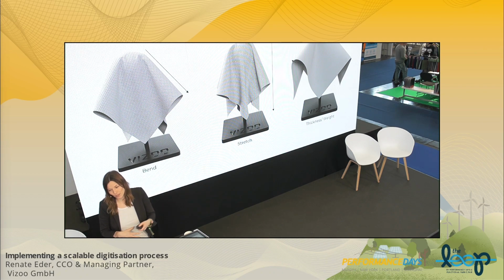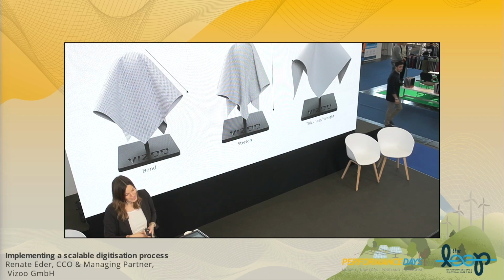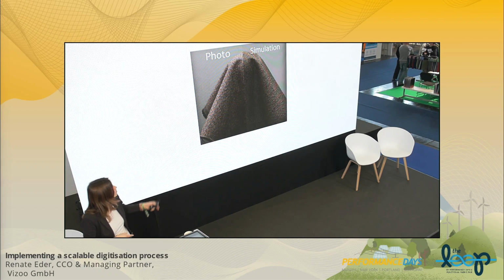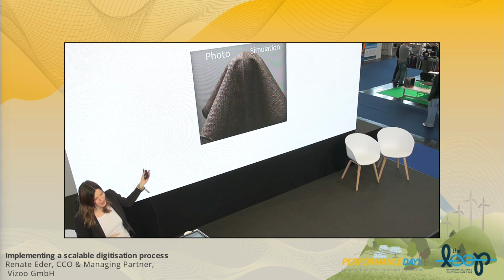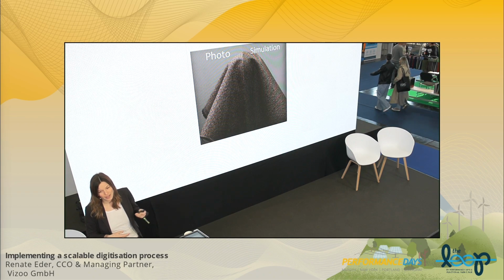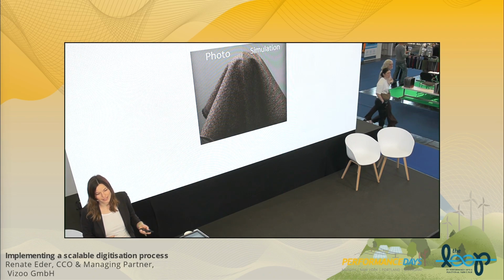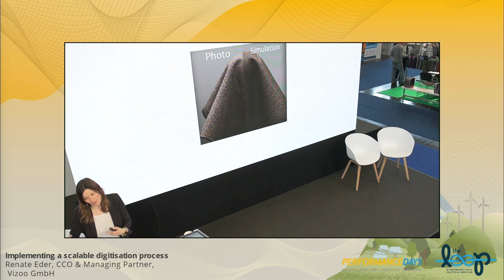And only if those aspects are considered and accurately captured, then we can talk about a digital twin of a fabric. At the end of your digitization process, you would compare that to a photograph, for example, a simulation, and then say, okay, are my visual aspects and my behavioral aspects the same? Then you could say, okay, that's the digital twin I've created.